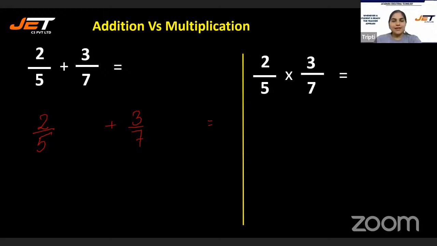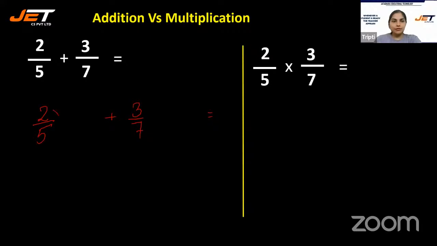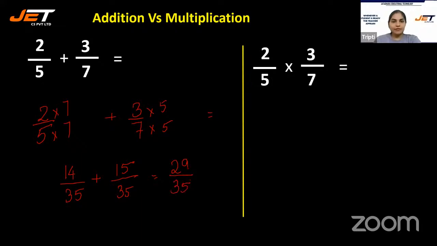All right. So let's multiply the first fraction with the denominator of the second fraction to make the denominators the same, and the second fraction with the denominator of the first fraction. Let's see. 2 times 7 is 14, 5 times 7 is 35. 3 times 5 is 15 and 5 times 7 is 35. 29 by 35 here, and 2 times 3 by 5 times 7.